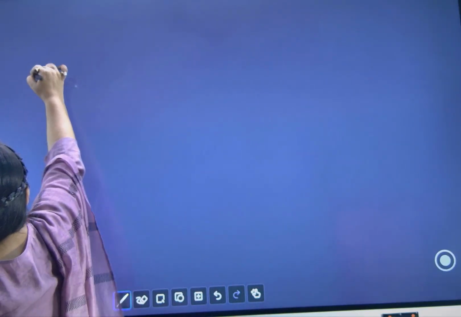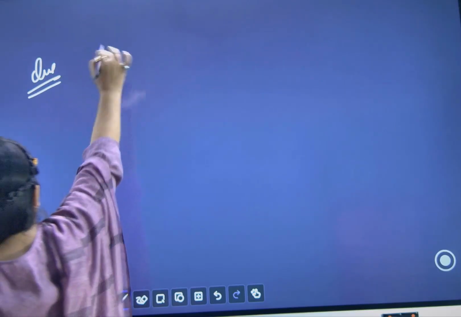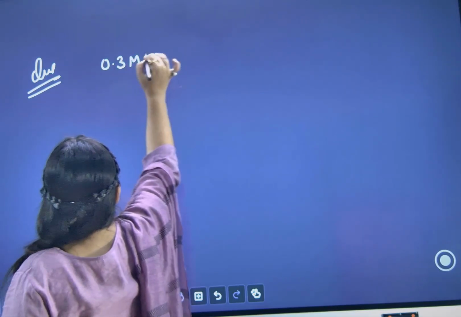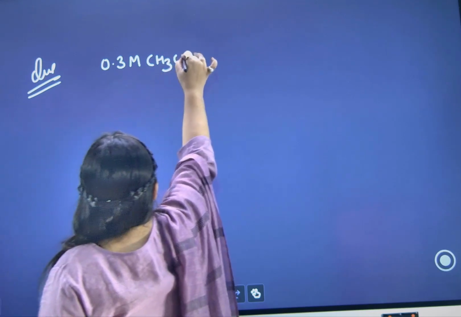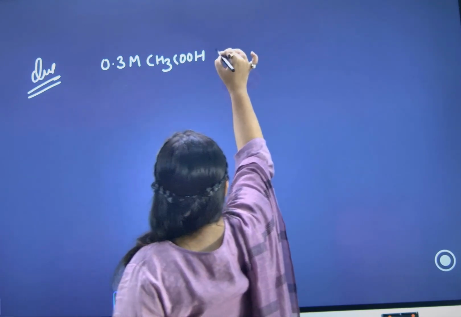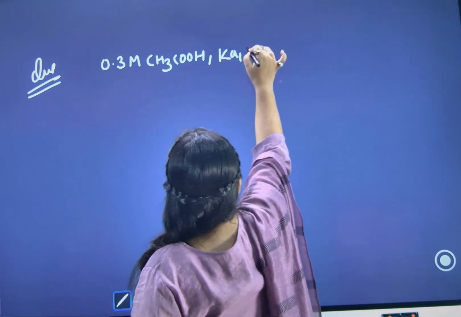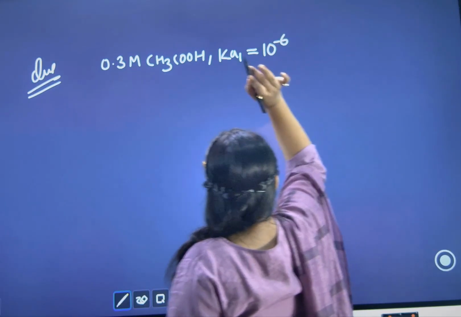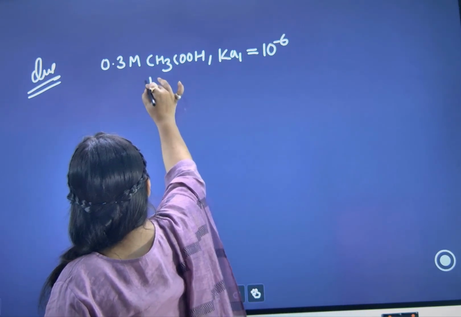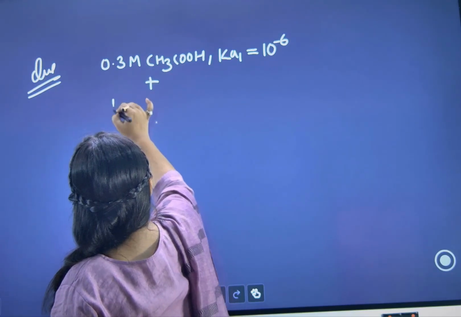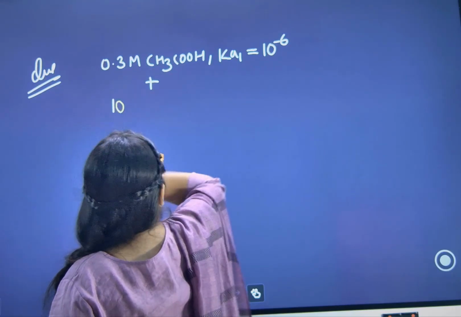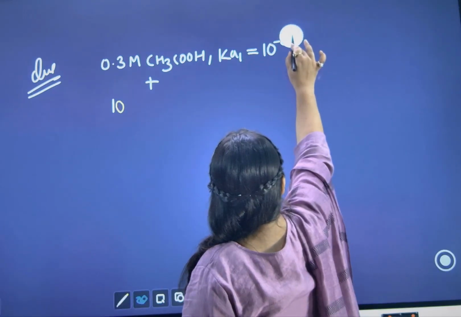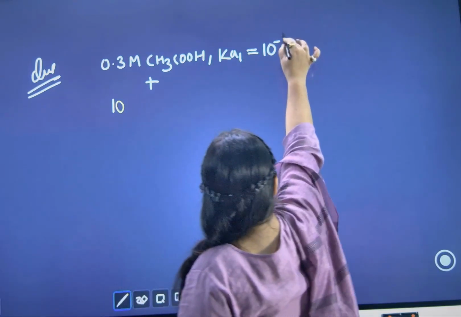Okay, so let us solve one question. I am saying here, let's say for example 0.3 molar CH3COOH, which is a weak acid. Let's say I am saying here Ka1 equal to 10 to the power minus 6. Okay, and here let's say it is mixed with any other case. For example, I said minus 6, you take it as minus 7, for easy calculation, minus 7.